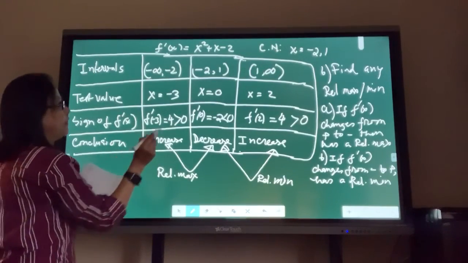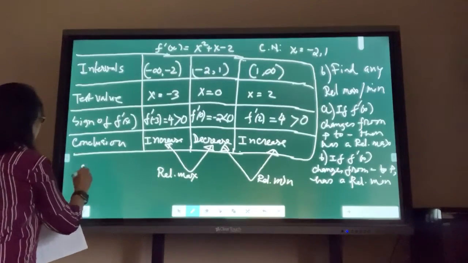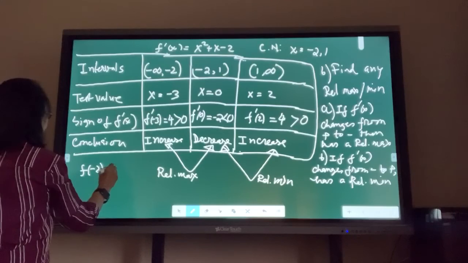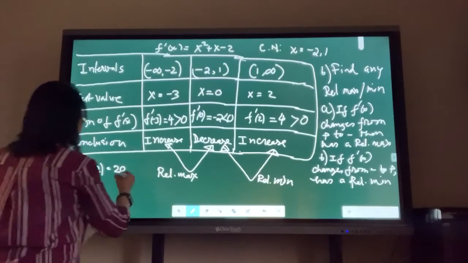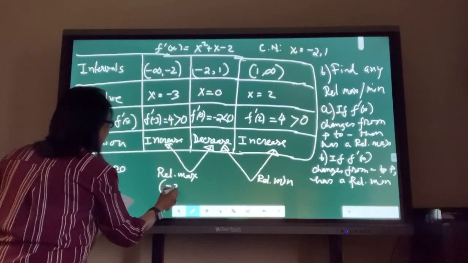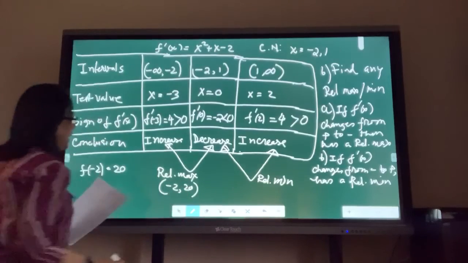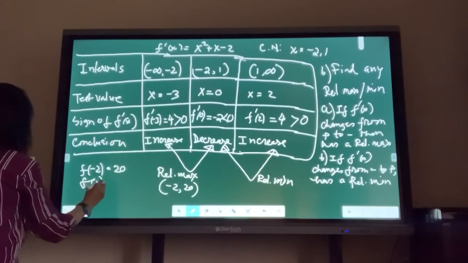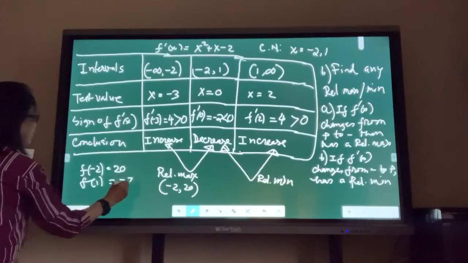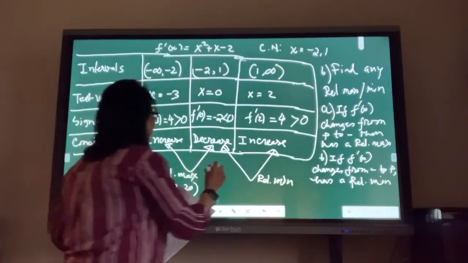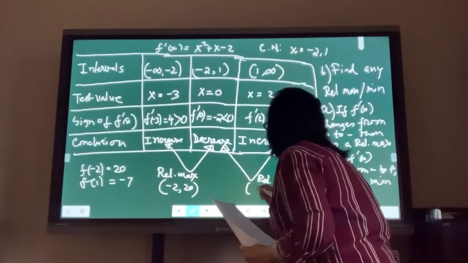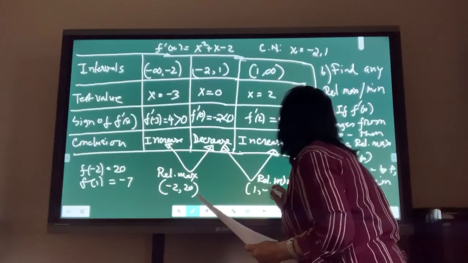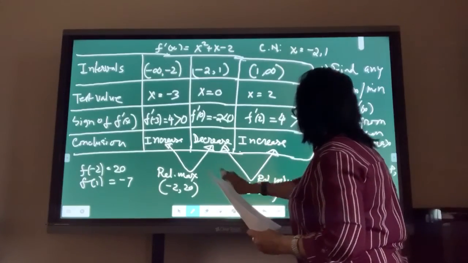So f of negative 2 will be calculated as 20, which means the maximum is located at negative 2 comma 20. And then f of the other critical value, f of 1, is going to be negative 7, which means the minimum is located at 1 comma negative 7. And this is the exact location.